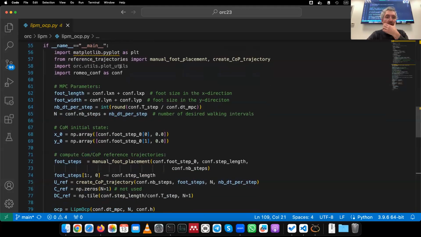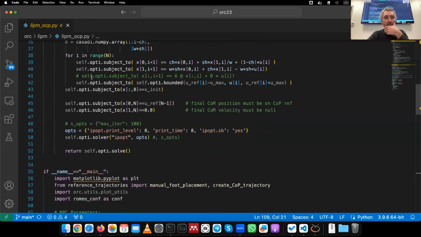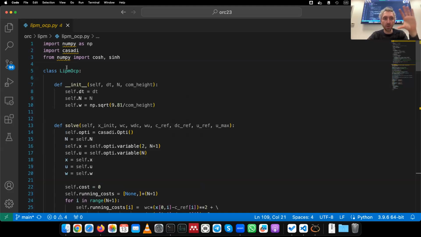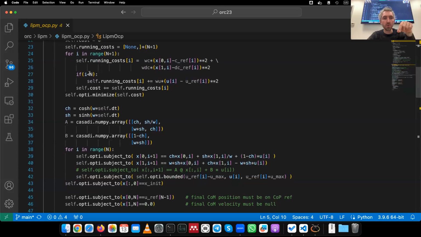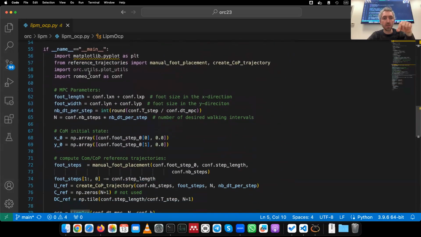So we can start by looking at the main function. In the top part of the file, you have a class LIPM OCP, which we're going to look at later. And then in the bottom part, you have the main function, which is where the execution of the file begins.